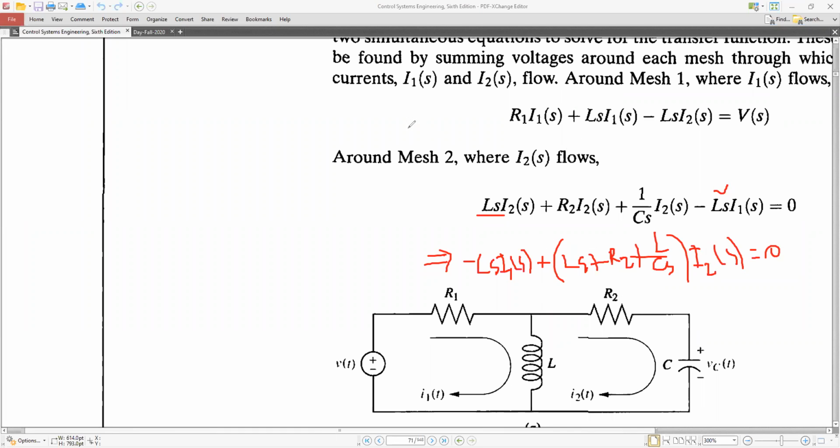And here the first one, we can write like this: R1 plus Ls, just take the common, I1s minus Ls I2s is equal to Vs.